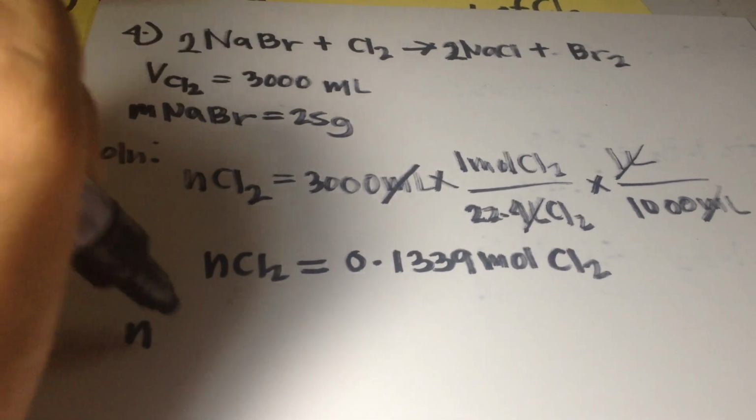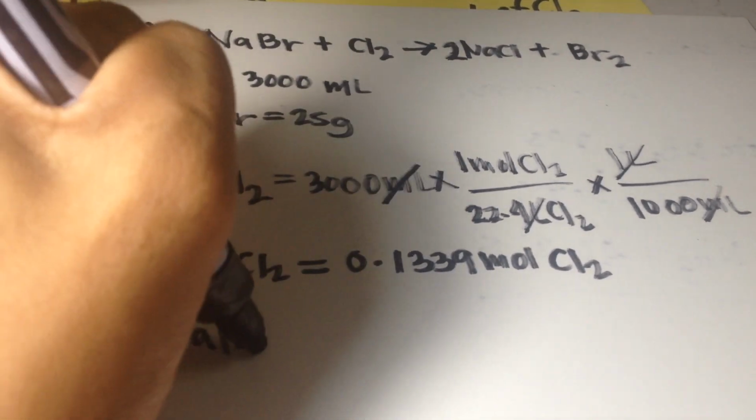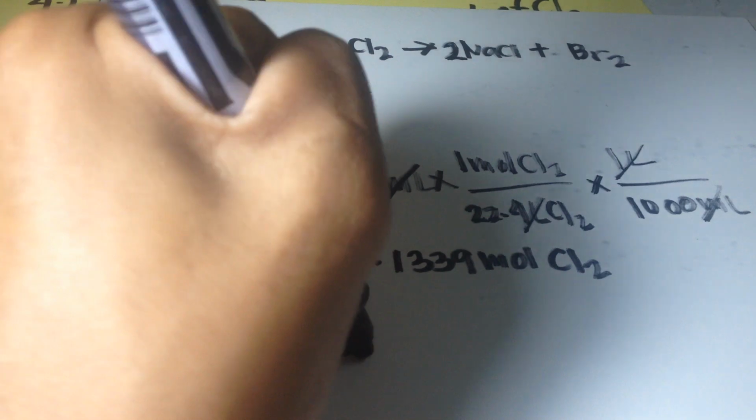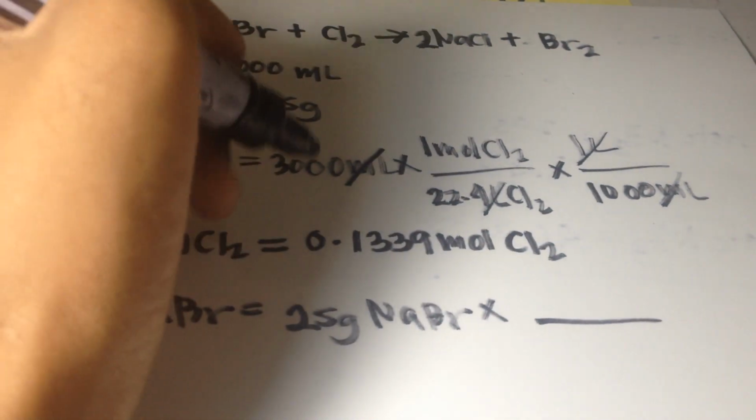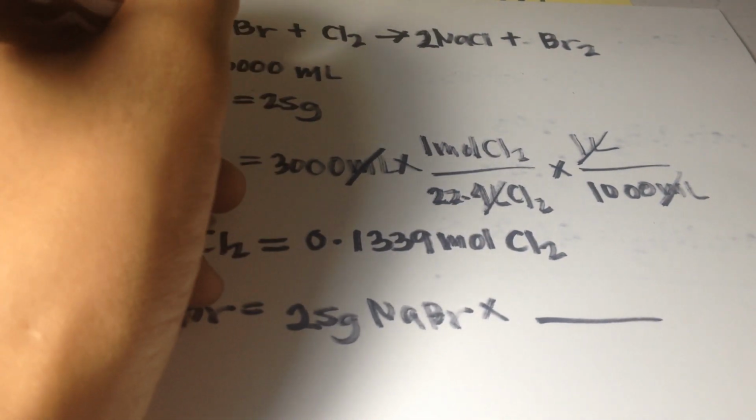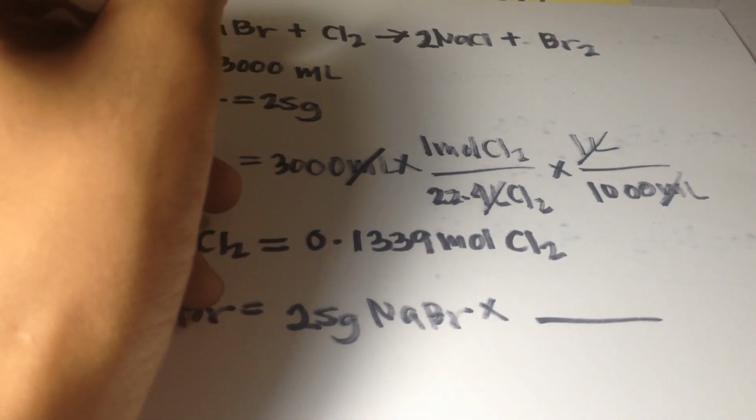And the moles of sodium bromide equals 25 grams of sodium bromide times 1 mole of sodium bromide over the molecular weight of sodium bromide, which is 102.9 grams of sodium bromide.